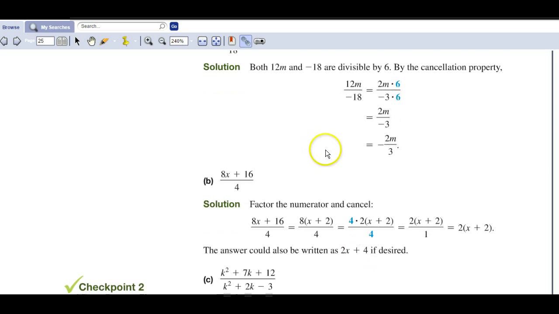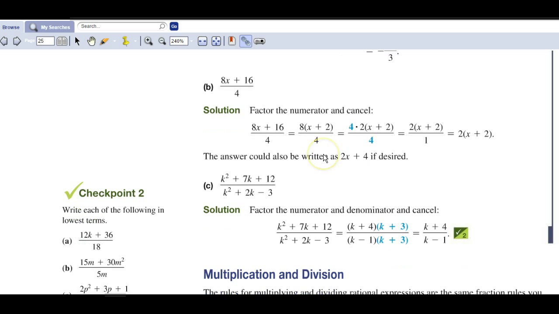Now for letter B, it gets a little more challenging because now they're saying, what can we factor? Well, this is a term, so you can't do anything with the 4. And this is a term. But notice if you just look at the numerator, you can factor an 8 out of the numerator. And you get this.